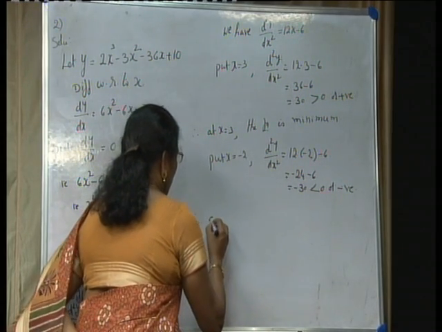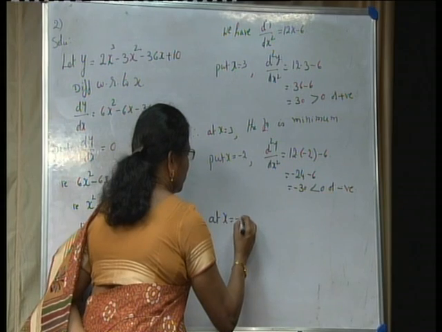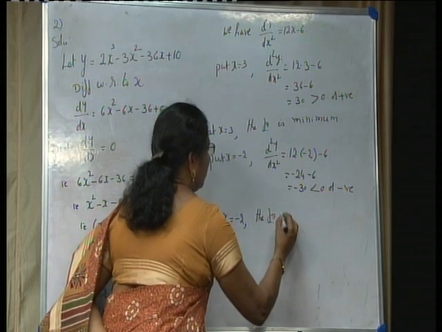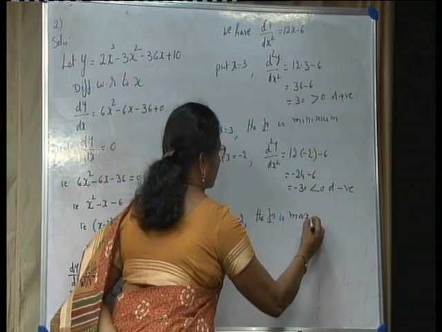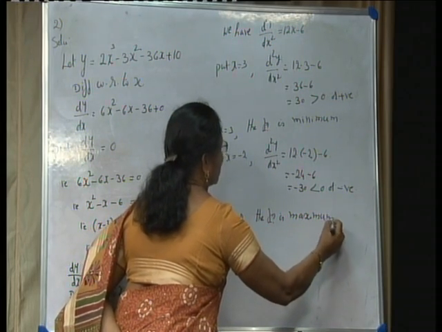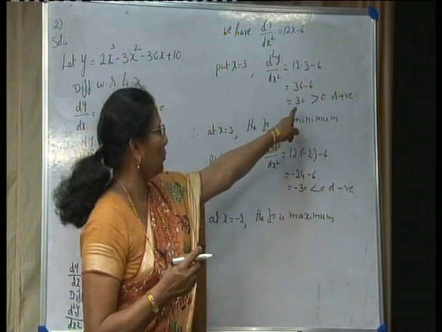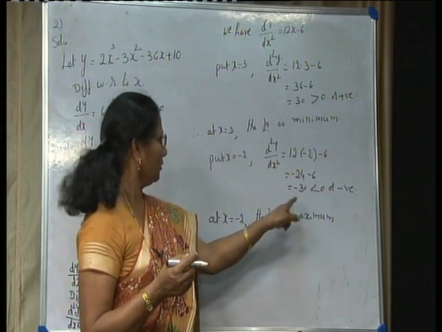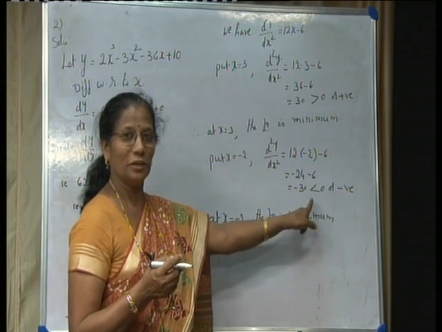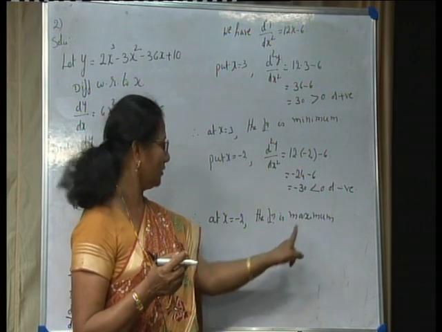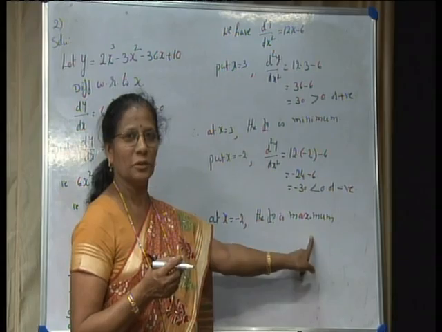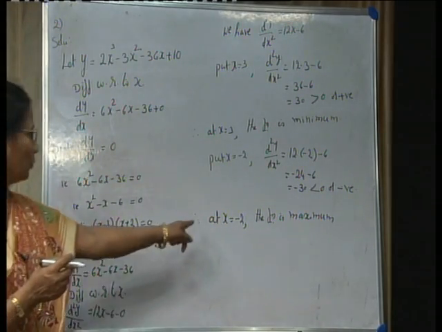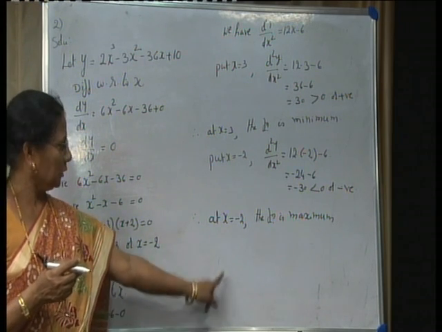Therefore, at x is equal to minus 2, the function is maximum. See, the value is positive, but we are going to say the function is minimum. The value is negative, but we are going to write at this point the function is maximum. So, now second working rule is over. So, we have to go to the next, third.